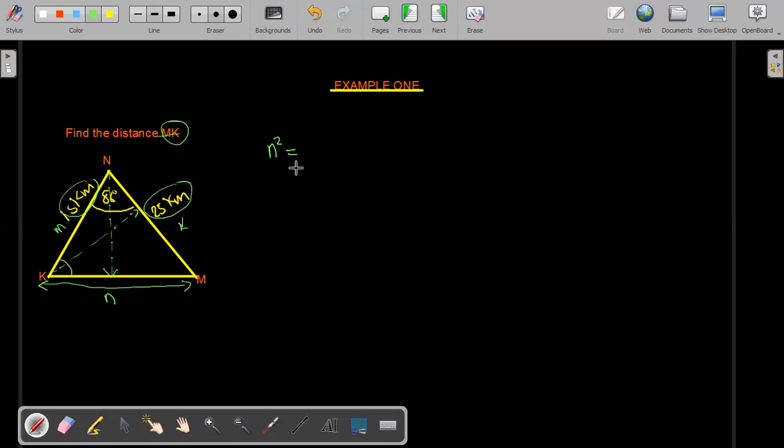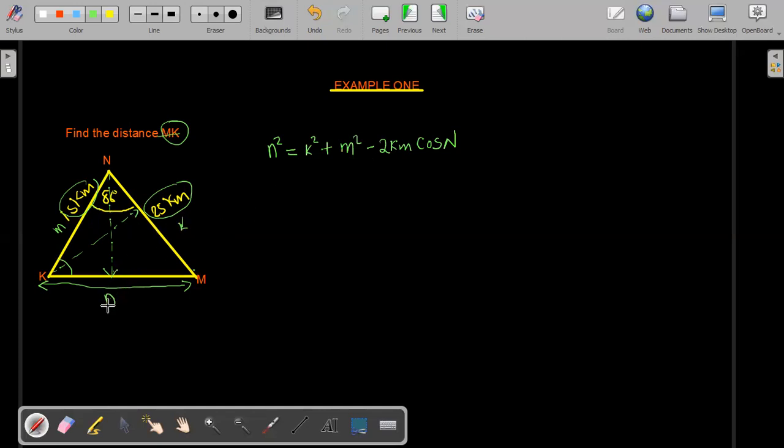It is going to be equal to K squared plus M squared, then minus 2KM cos N. Cos capital N, like that, not so? Then you are now going to look to get the values that we have.